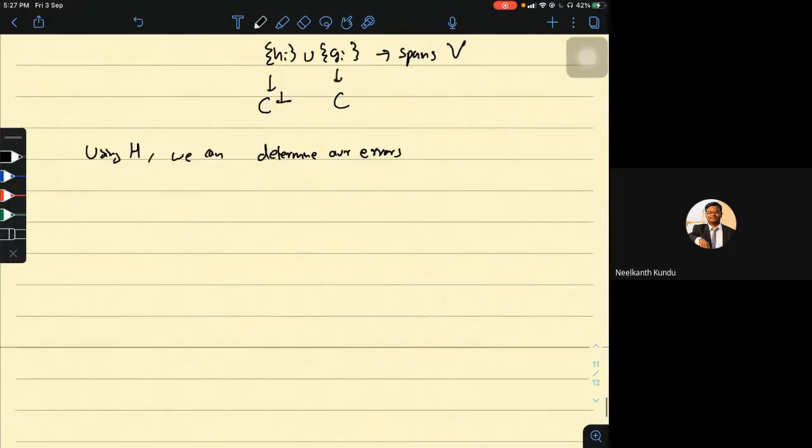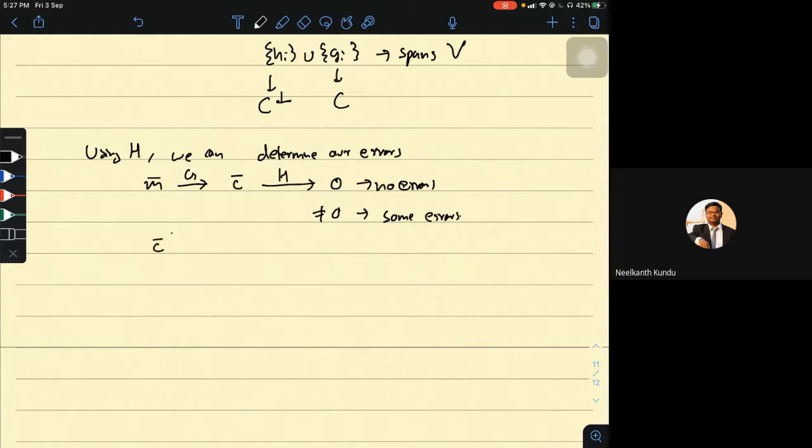Say I have the message M, which is encoded using the generator matrix G as vector C. If I want to find the errors, I can just multiply this by the matrix H. If this gives me 0, there are no errors. If this gives me something non-zero, that means there are some errors.